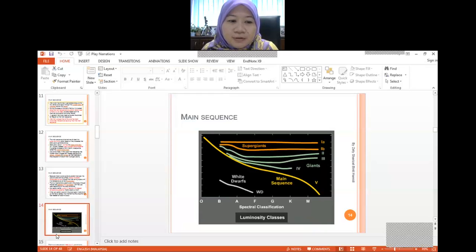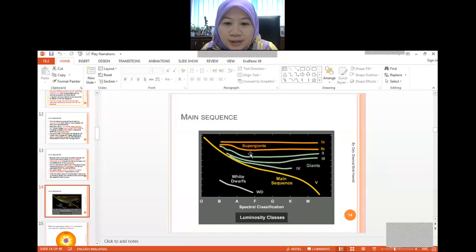If you look at the luminosity classes here, we can see several stages. Instead of the main sequence, we have the giants, then the supergiants, and also the white dwarf.